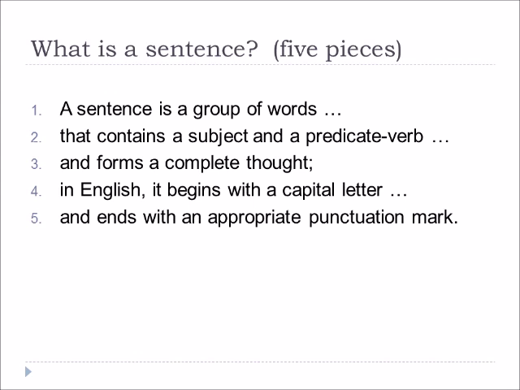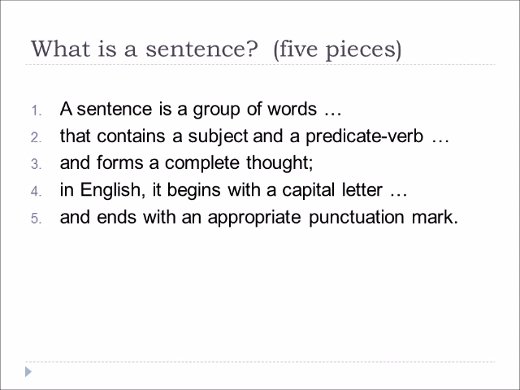Number 4, in English, a sentence begins with a capital letter. The initial letter of the first word of each sentence needs to be a capital letter, and number 5, it needs to end with an appropriate punctuation mark. As the Longman Dictionary pointed out, you can end with a period, a question mark, or an exclamation mark.